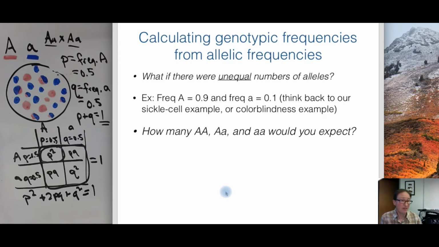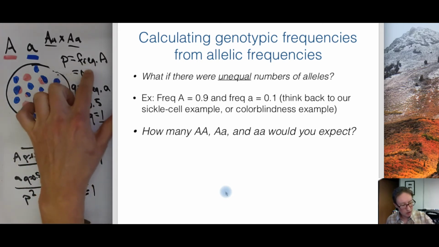And similar things will be the case for things like the allele that causes sickle cell disease, or the sex-linked allele that causes color blindness. Those allele frequencies are not equal in the population. There are more people that have one allele type than the other allele type.